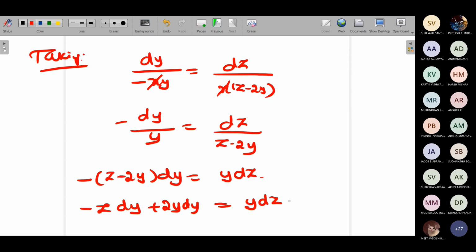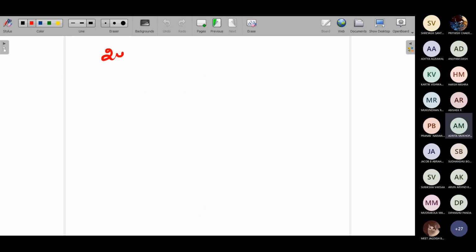So you can write this as 2y dy is equal to y dz plus z dy. Now the right hand side you can write as d of yz.